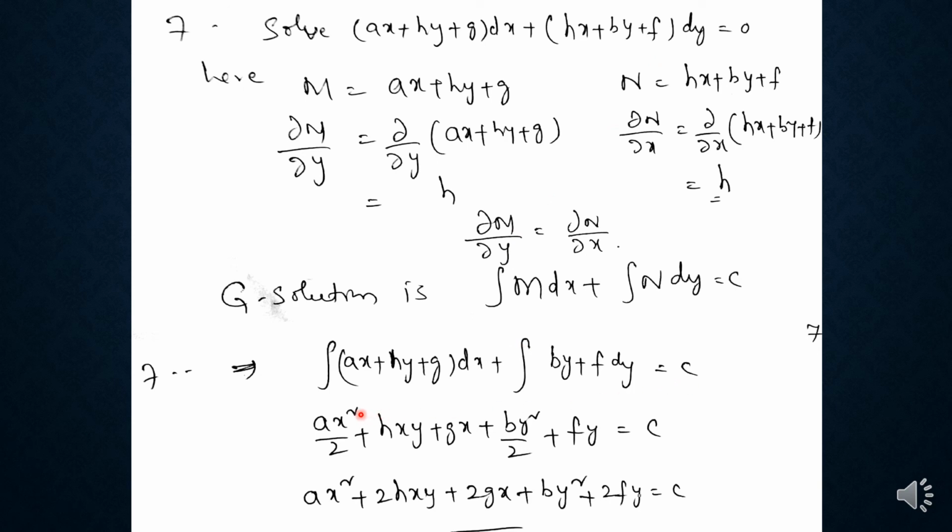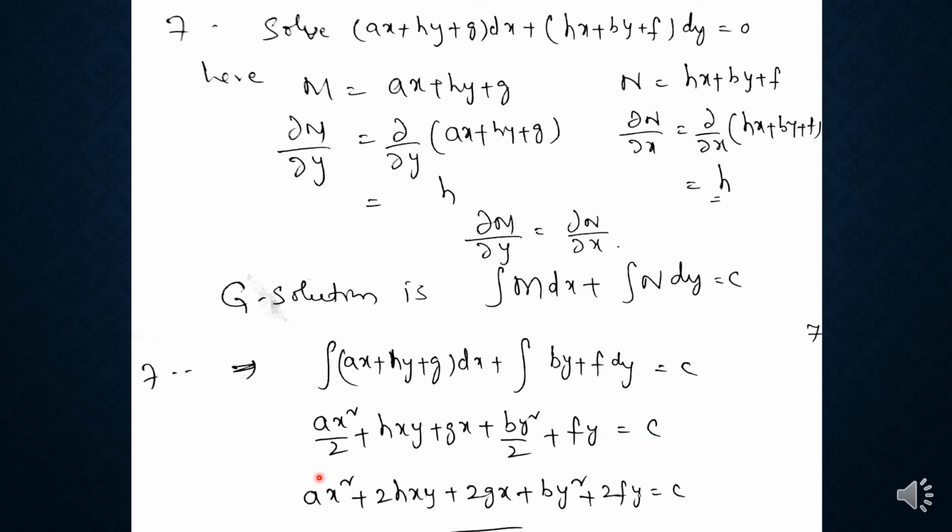Now by integrating with respect to x, we will take y as a constant, that is ∫ax dx is ax²/2, plus ∫hy dx is h times xy, plus ∫g dx is gx, plus ∫by dy is by²/2, plus ∫f dy is fy, equal to c.